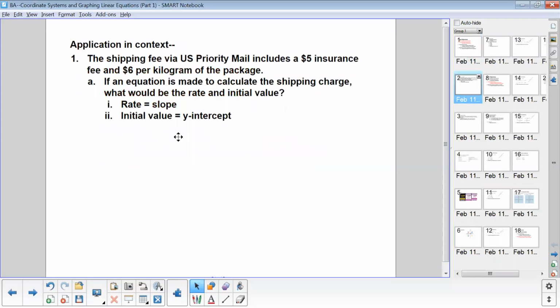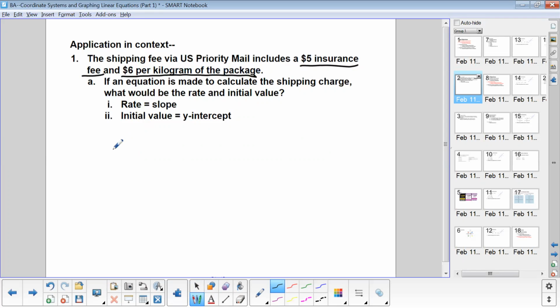So first off, we'll look at just some application to functions and linear equations. With this problem, we've got shipping, and this could be whether we deal with Amazon or whether we're dealing with just the U.S. Postal. This says that the item is a $5 insurance fee and a $6 per kilogram on the package.